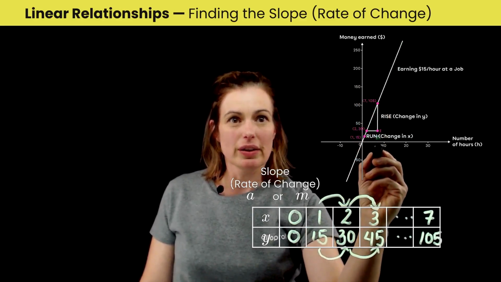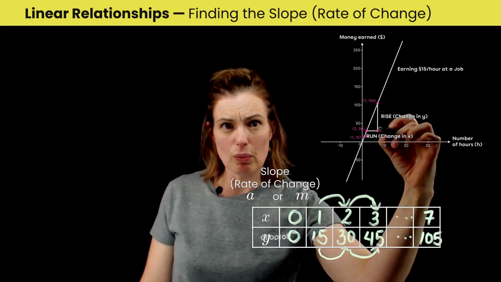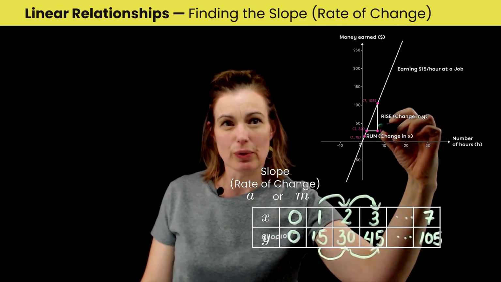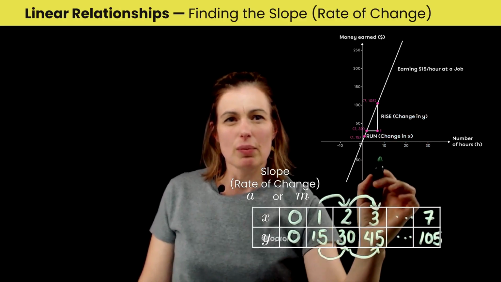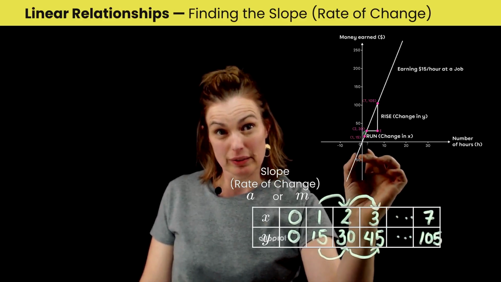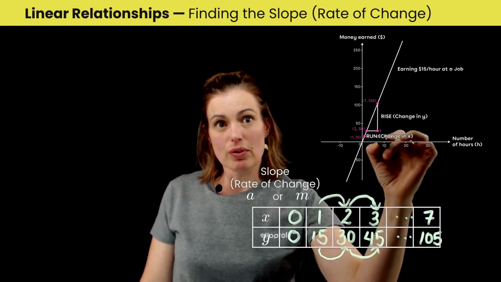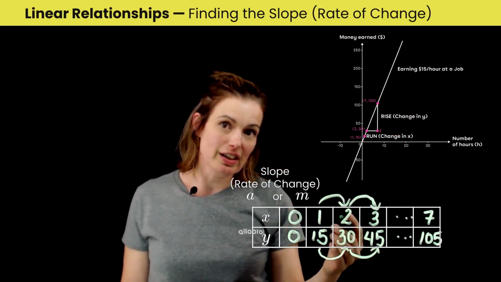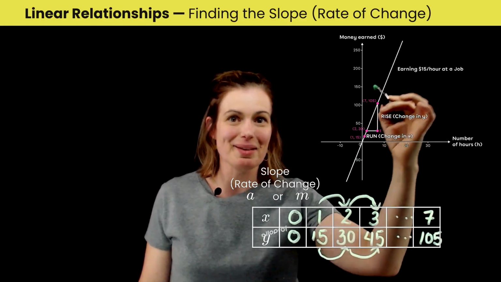So you can see here that when we look at how the y-axis is changing, we call that the rise, and that's how much money is being made. And we compare that to how it's changing on the x-axis, which we call the run, right? When we take the rise and put it over the run, we can use that to calculate our rate of change or slope, which tells us how steep the line is.